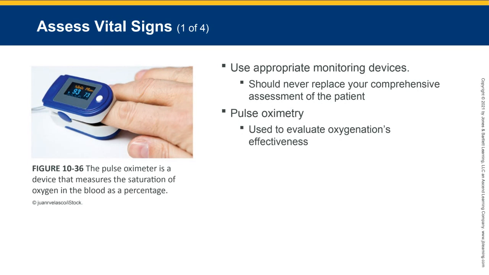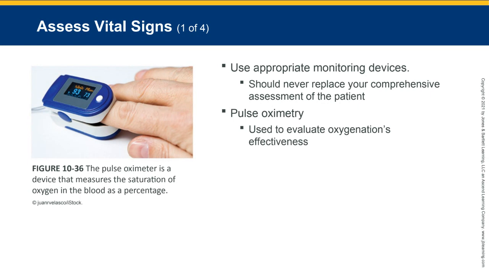So pulse oximetry is used to evaluate oxygenation effectiveness. Very important tool for you to utilize, especially if you have made a decision to give a medical patient oxygen. You want to know what their pulse ox reading is on room air before you put them on oxygen, so that you can know if they are improving or they're getting worse.